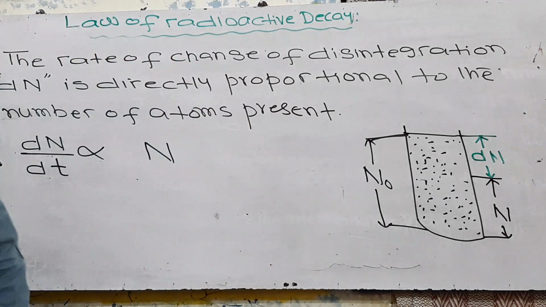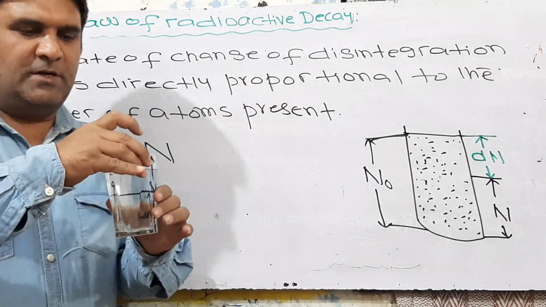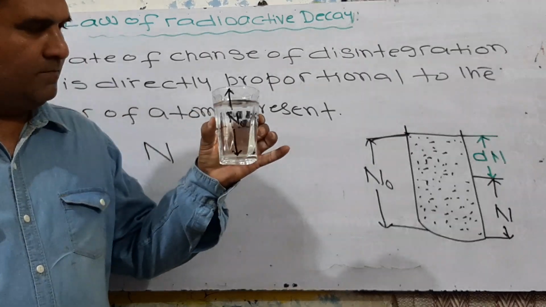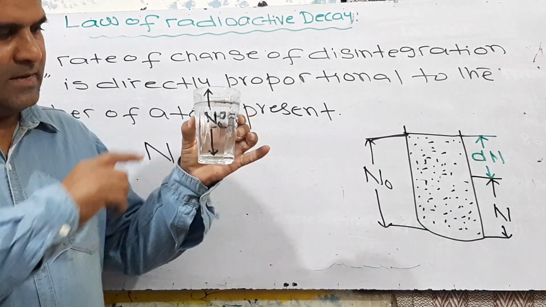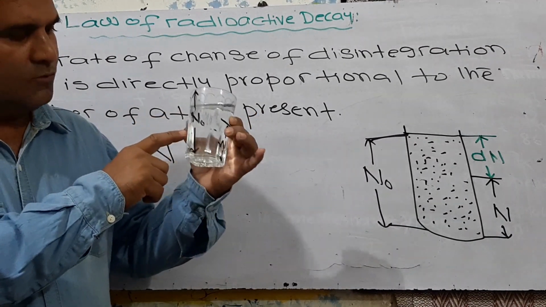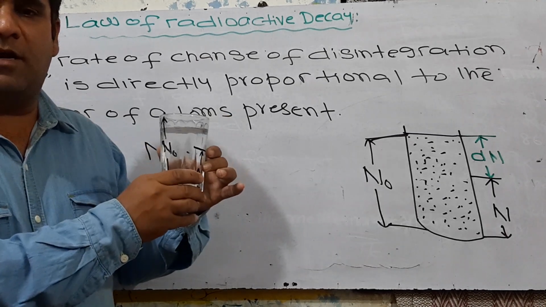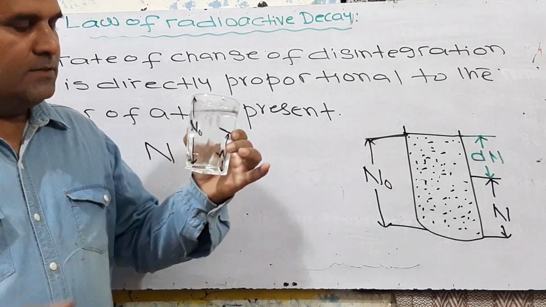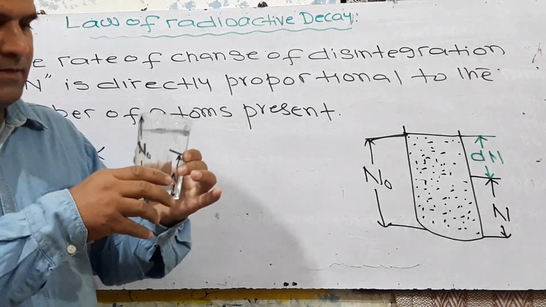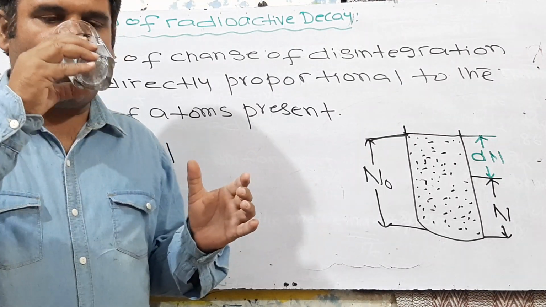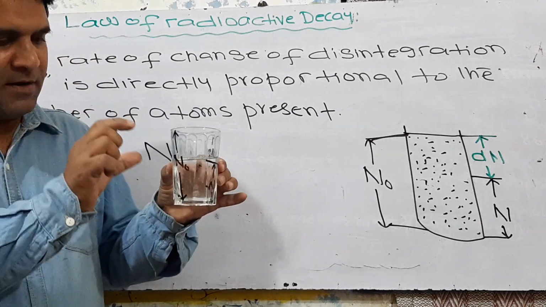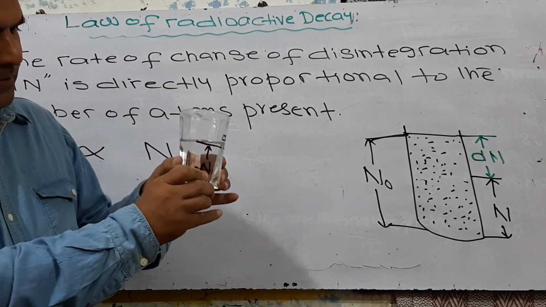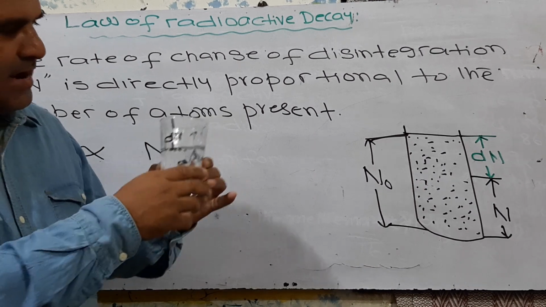Suppose I have a glass of water and the water present in the glass is indicated by N naught. N naught is the original number of atoms present in the nucleus. Suppose I take water like that. Now the water which is eliminated from the nucleus is dN.